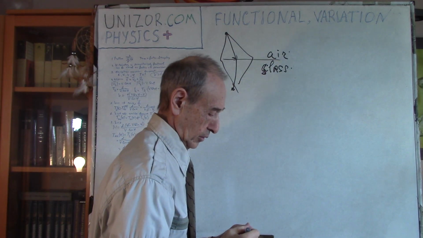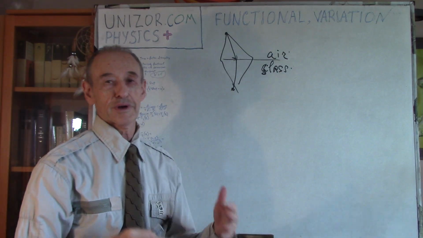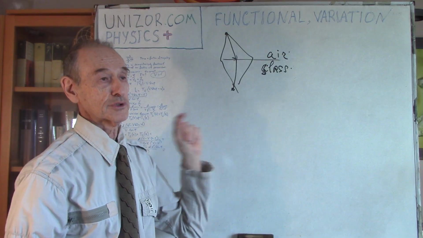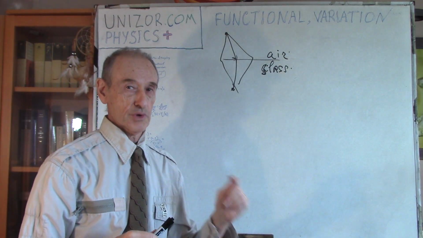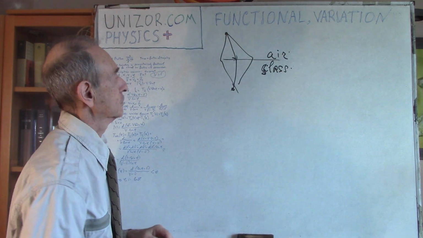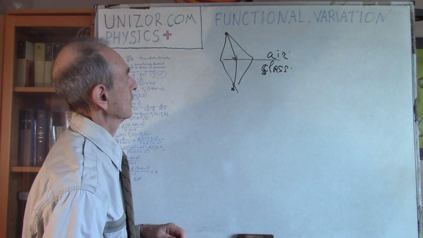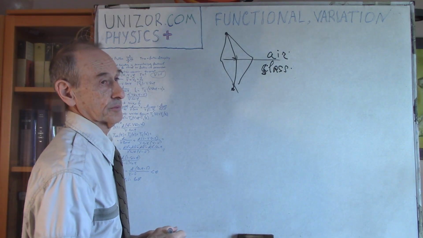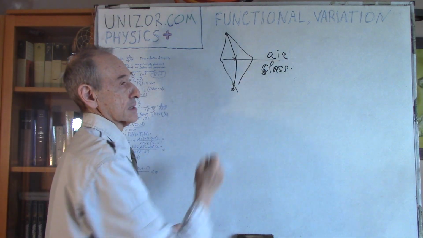If you remember, when we were discussing this particular problem, we were talking about Fermat's principle. Fermat was a French mathematician. And his principle was: the speed of light is different in air and in glass.